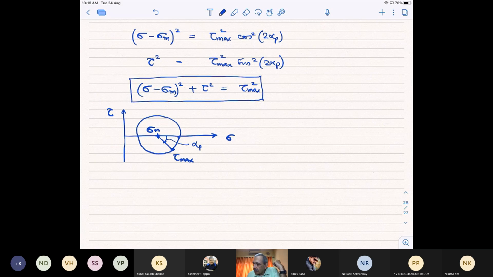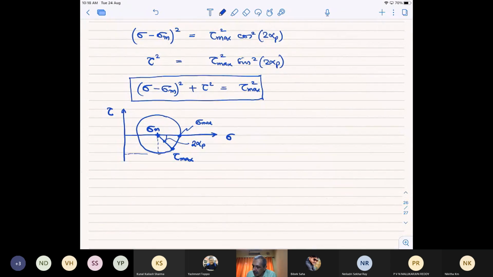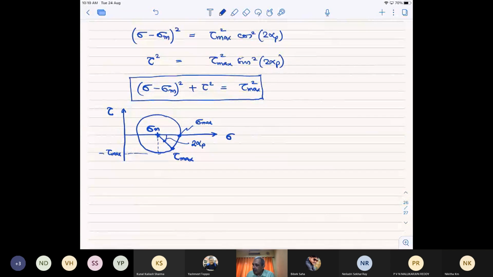So when alpha p is equal to 0, you can see this is the maximum value of the normal stress. So this is sigma max. Then this angle is not alpha p, but it should be 2 alpha p. So if your alpha p becomes 45 degrees, when you reach over here, you will reach the value of minus tau max.